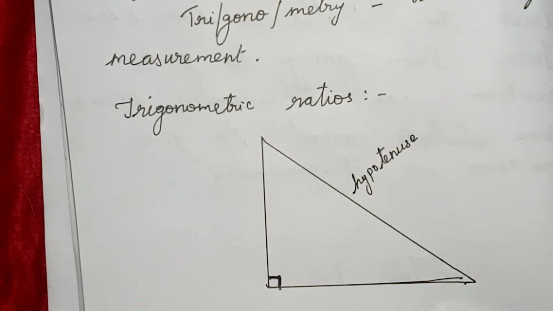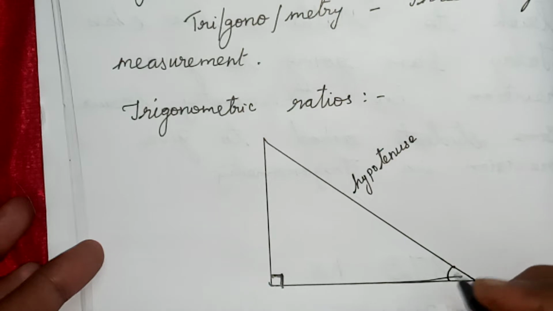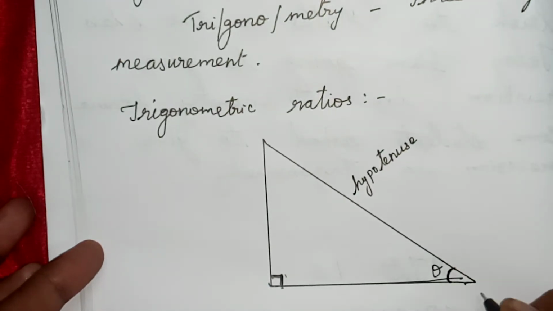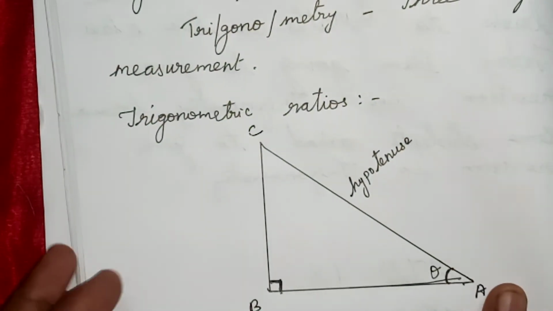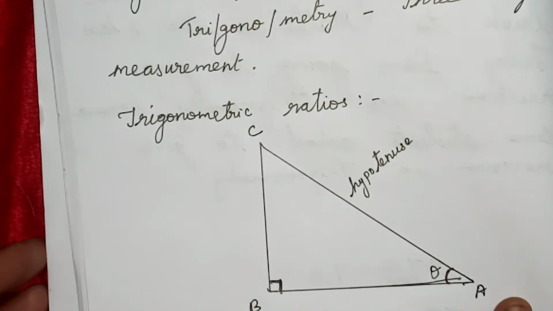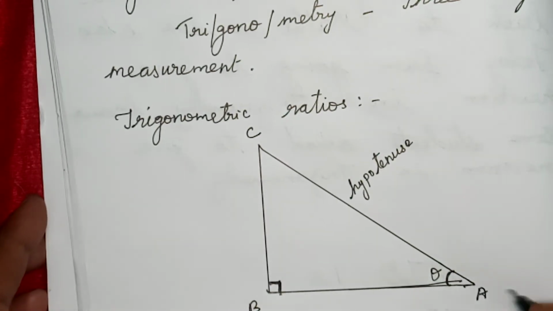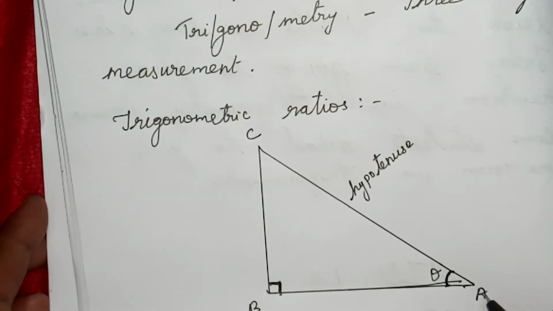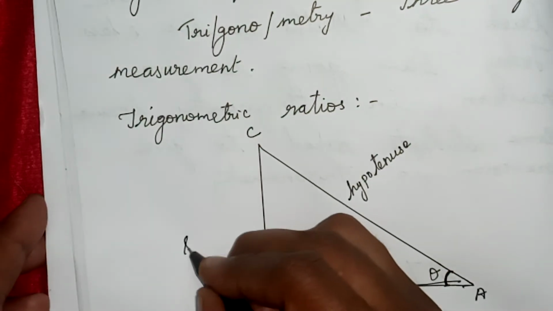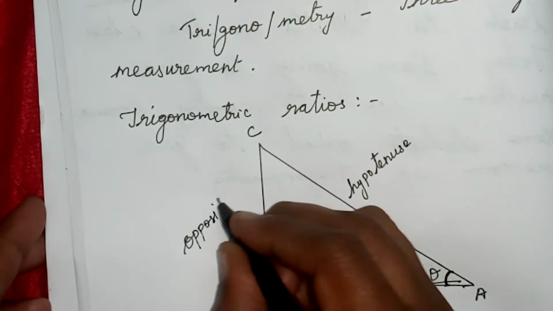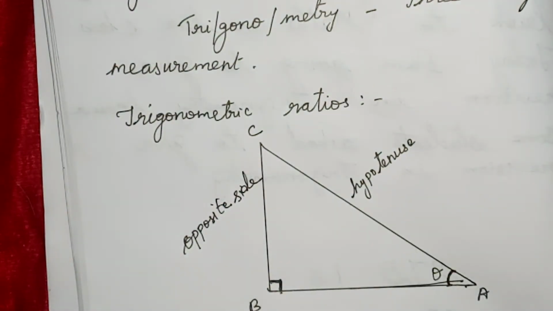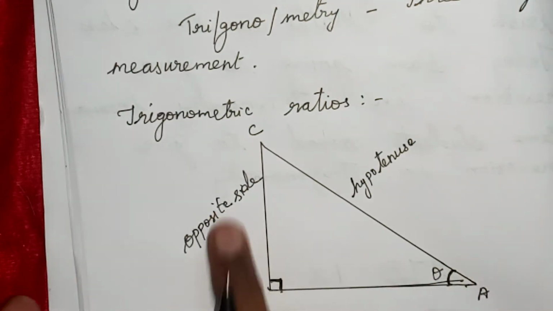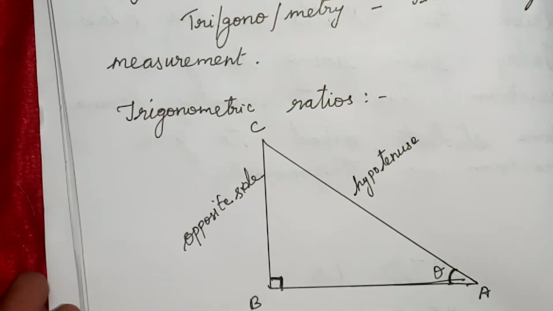Next, if we take this angle as theta, now I am naming the triangle ABC. If the angle A is theta, the side opposite to theta is called the opposite side.